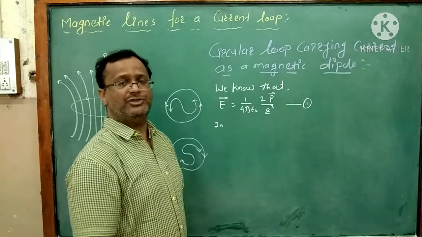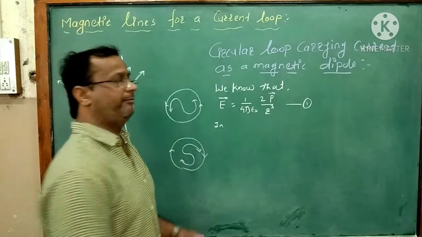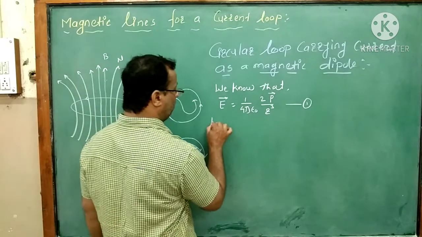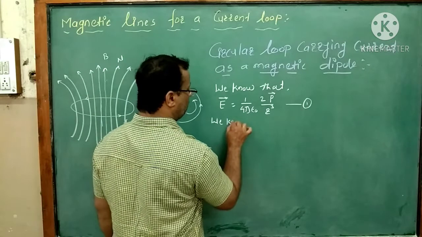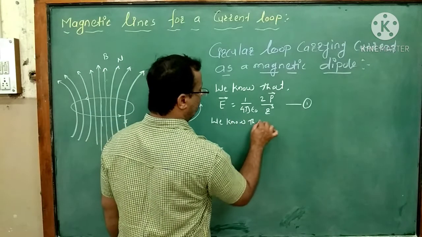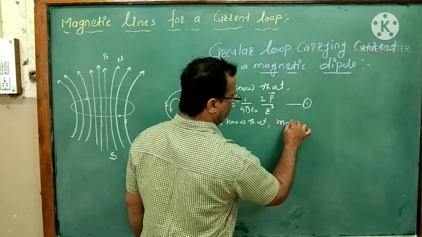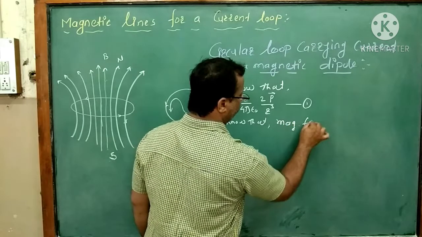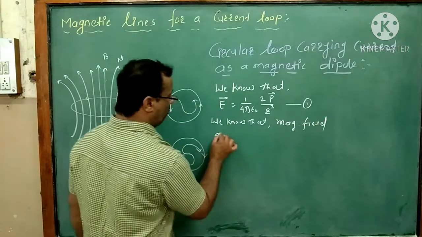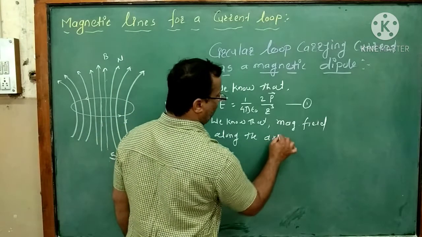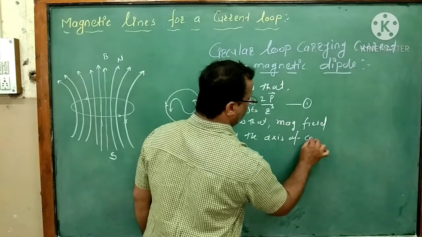We know the equation of the magnetic field along the axis of a circular loop.